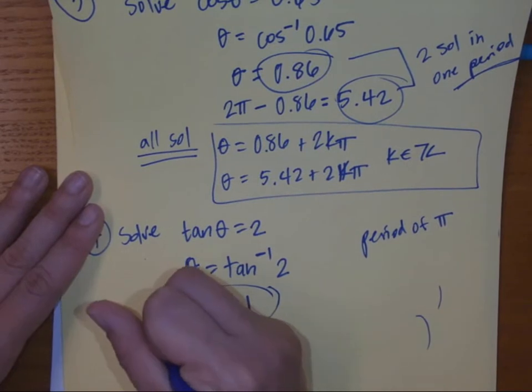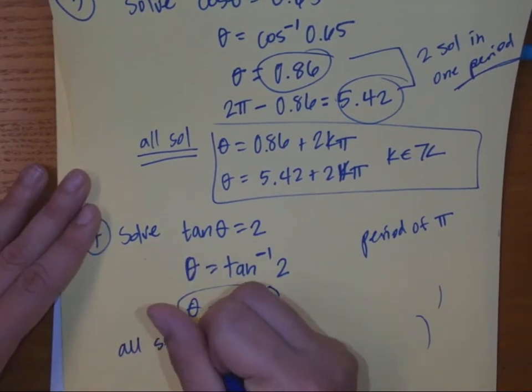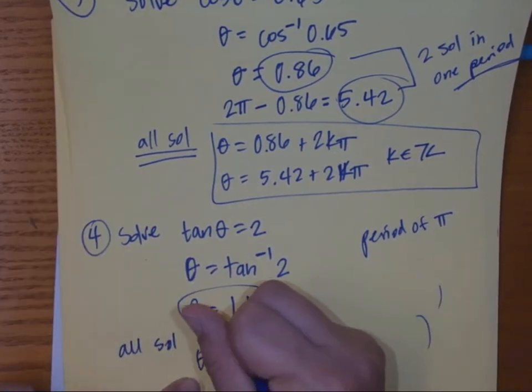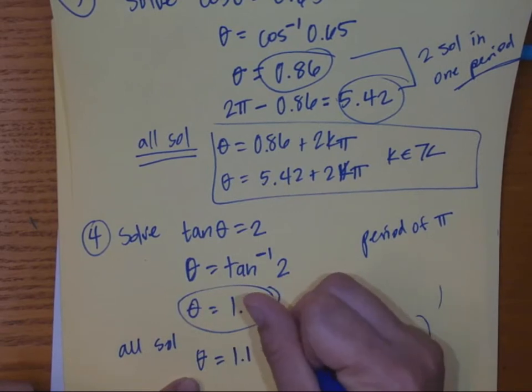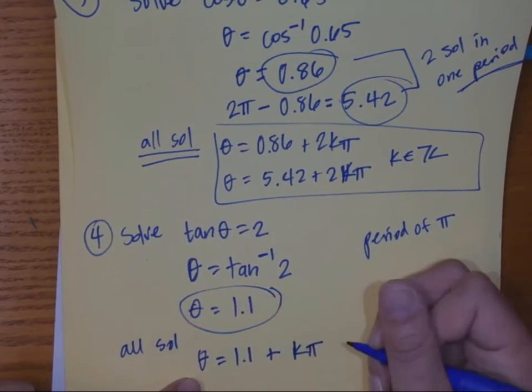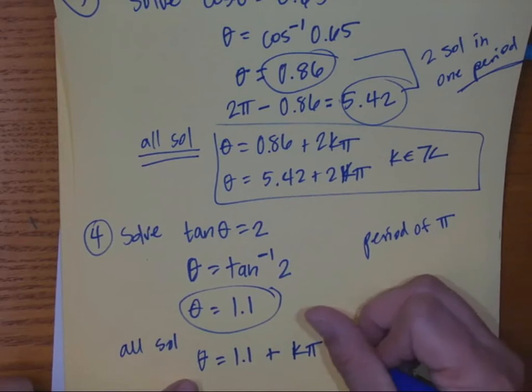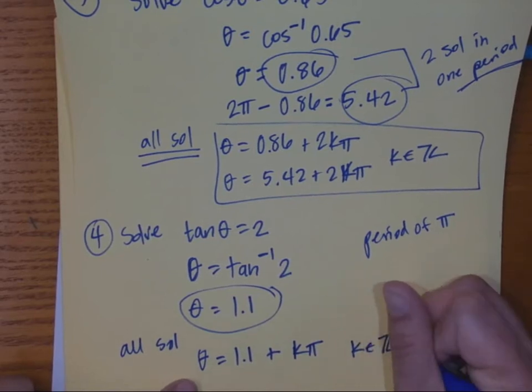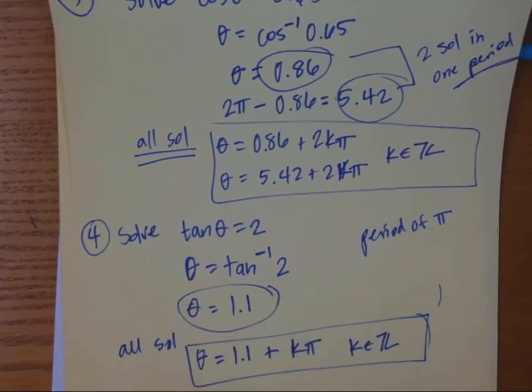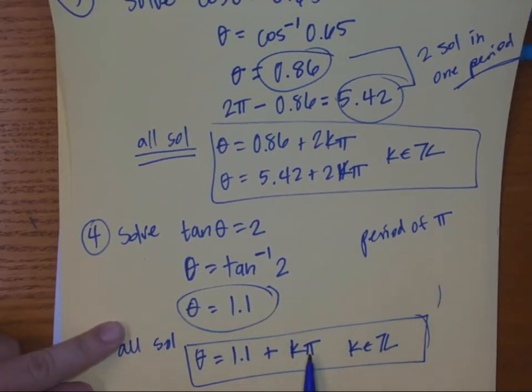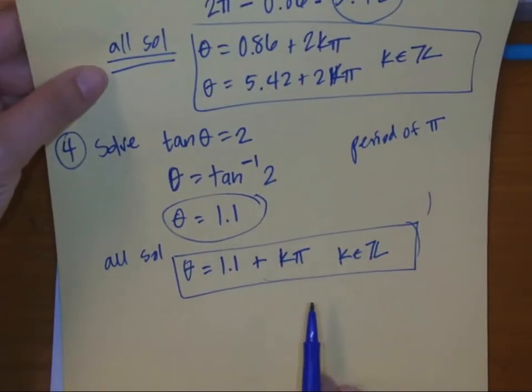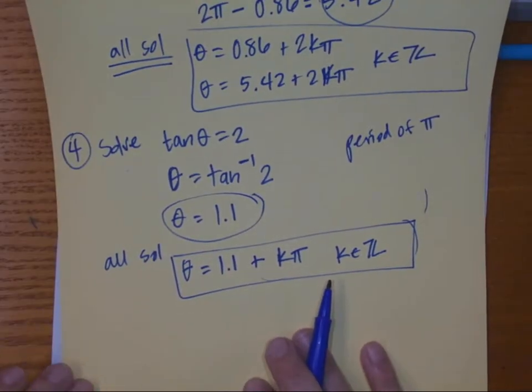To find all the solutions here, it's going to be theta equals 1.1 plus k times pi. Instead of 2k pi, it's just k times pi. And again, k is an integer. Okay, so that's how to do tangent. Same idea. The biggest difference is when you write your answer, it's just k pi instead of 2k pi.